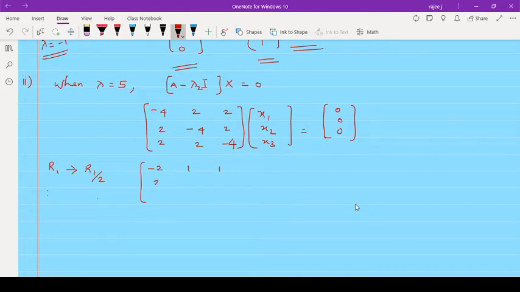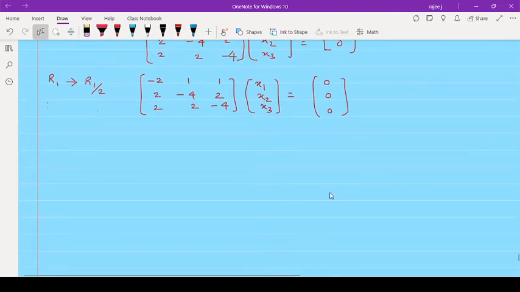So this is 2, minus 4, 2 and 2, 2, minus 4, times x1, x2. You need not write this one now. We are going to change this, so do not write this step now. So I'm just showing you R3 changes to R3 plus R1, and R2 changes to R2 plus R1.